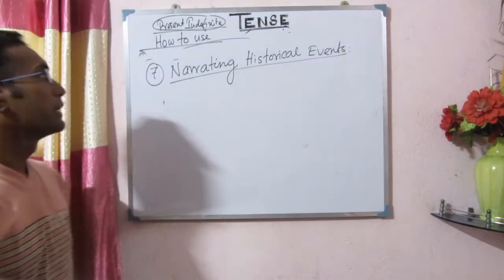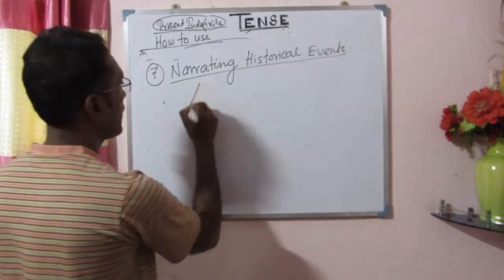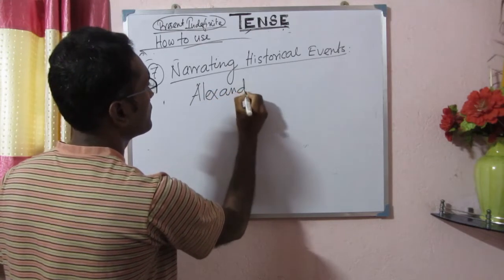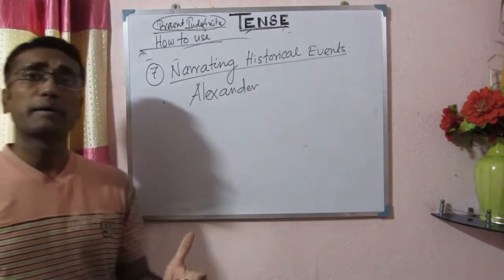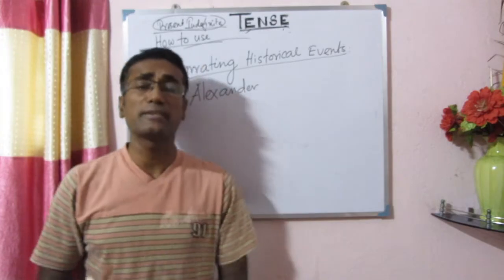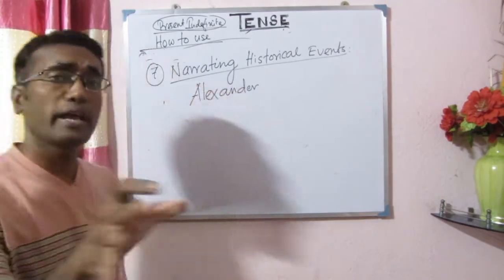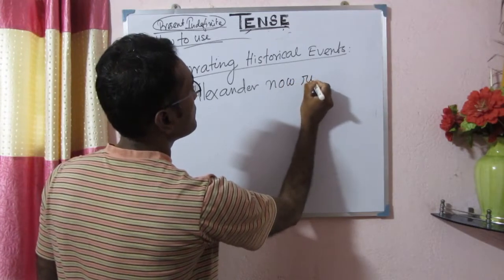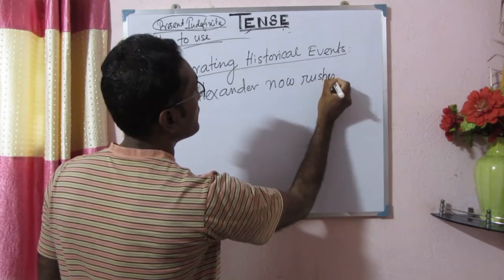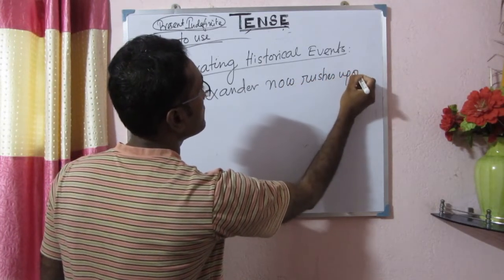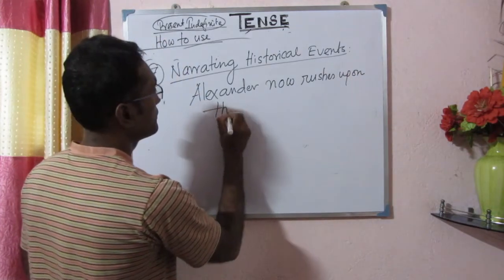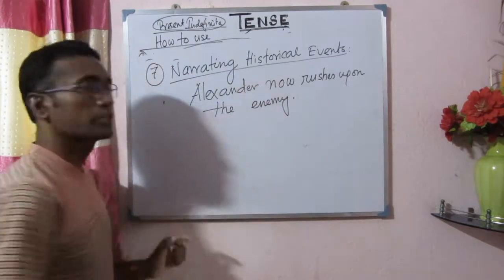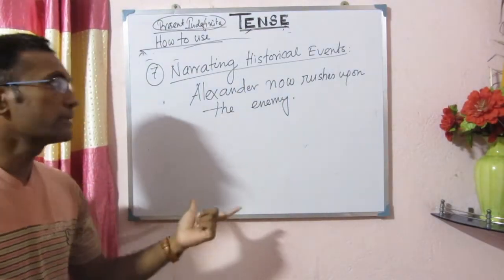Okay, if I say that Alexander, a very historical character, now rushes upon the enemy. So this is your present indefinite tense.